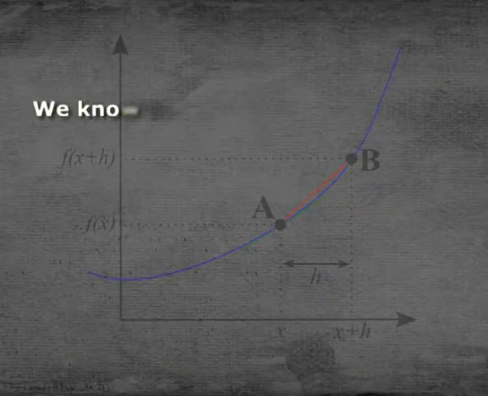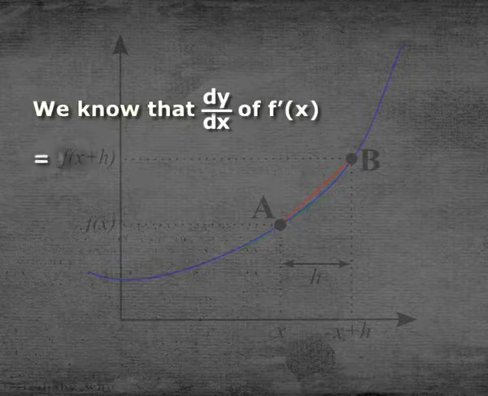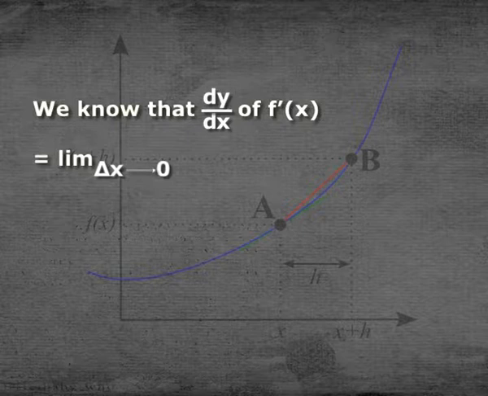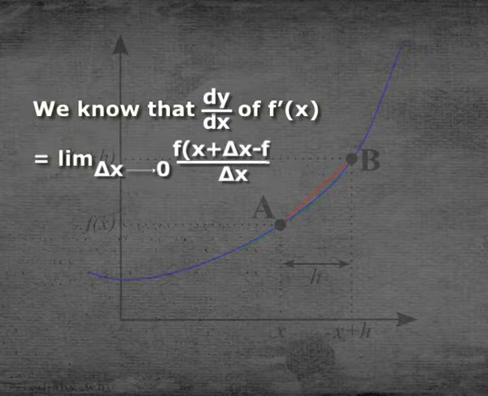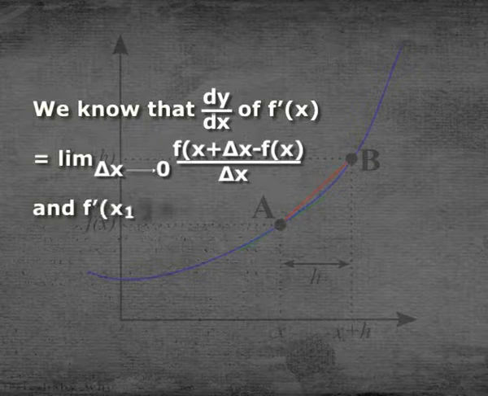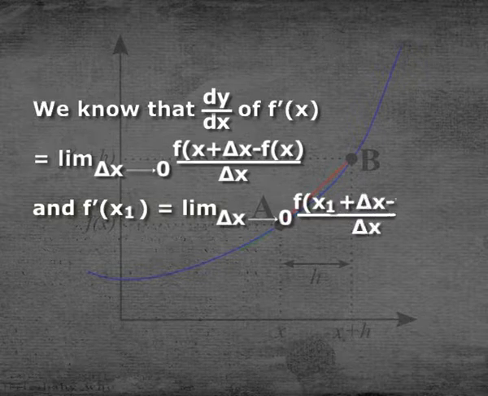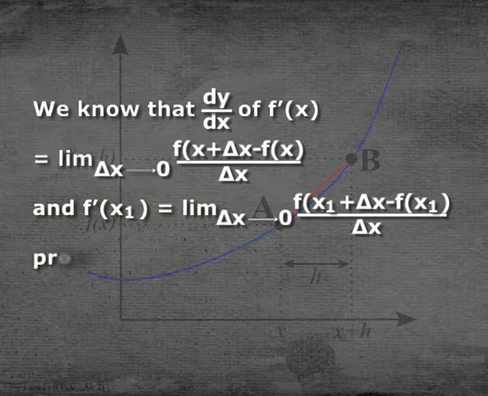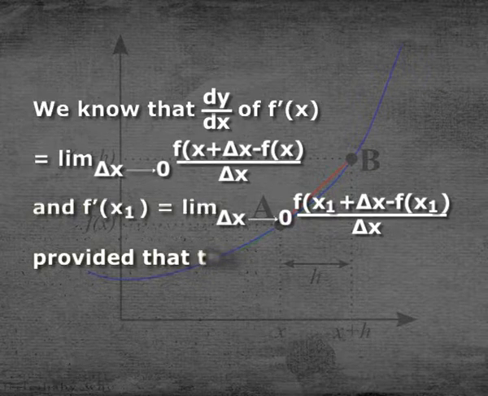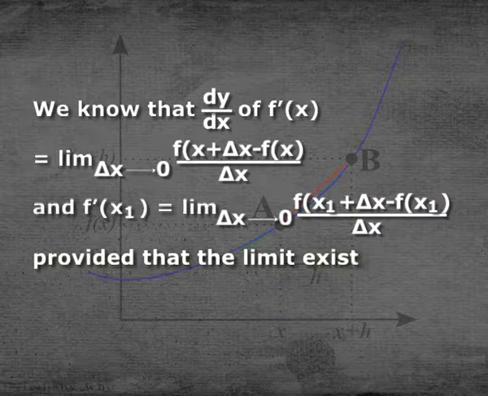We know that dy by dx or f dash x is equal to limit del x tends to 0, f of x plus del x minus f of x, the whole thing divided by del x, and f dash x1 is equal to limit del x goes to 0, f of x1 plus del x minus f of x1 divided by del x, provided that the limit exists.